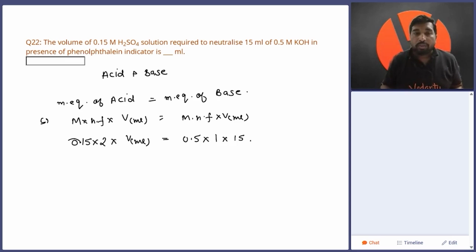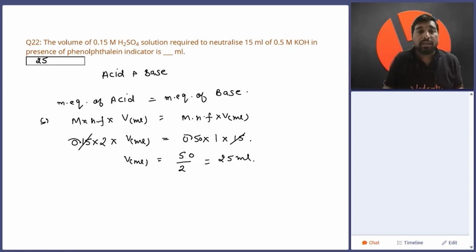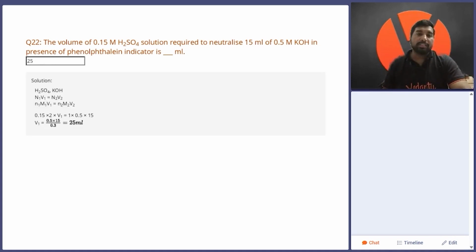Now solve this equation. You can remove the point, and then the 15 will cancel. Volume in ml is equal to 50 upon 2, that is 25 ml, which should be the right answer. Now let's cross check the answer. Yes, definitely 25 is the right answer.